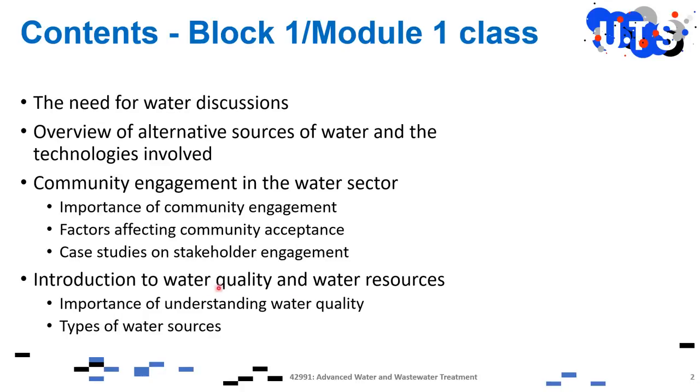And then at the end of Block 1, we'll talk about an introduction to water quality, its importance, and the different parameters for water quality characteristics, the different water sources, and how to identify the various sources of water depending on their water quality.